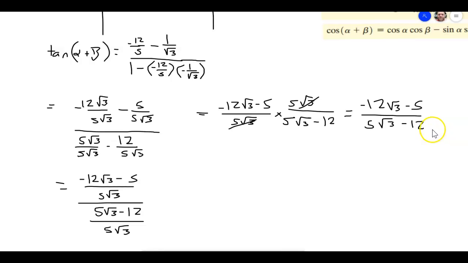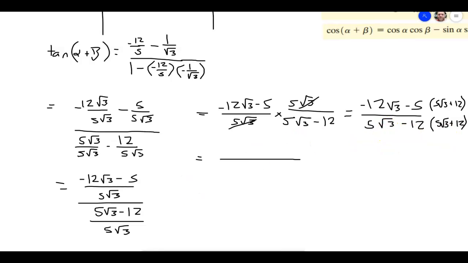So you would multiply the top and the bottom by the conjugate, which would be 5 root 3 plus 12. This would get rid of the root from the bottom, so you have to FOIL the top and the bottom. Let's go ahead and do that just so we see what that looks like. It's going to be messy, but we have time. It's just a video, right?